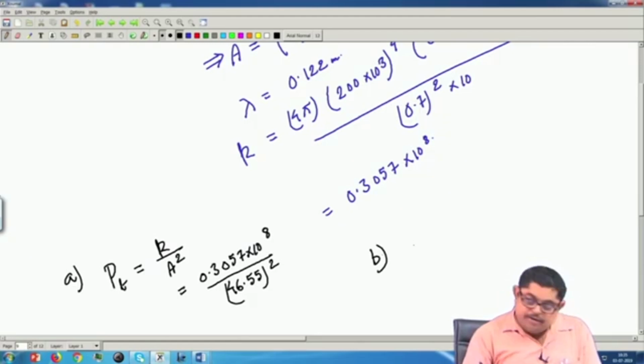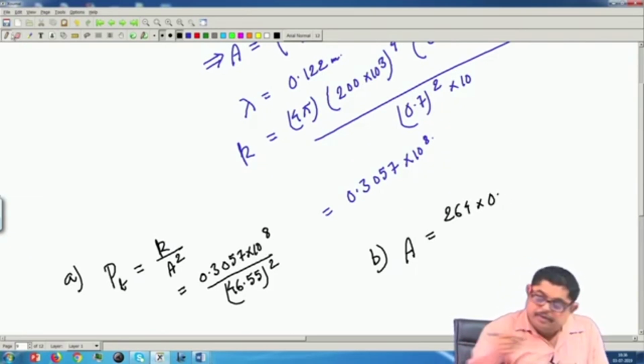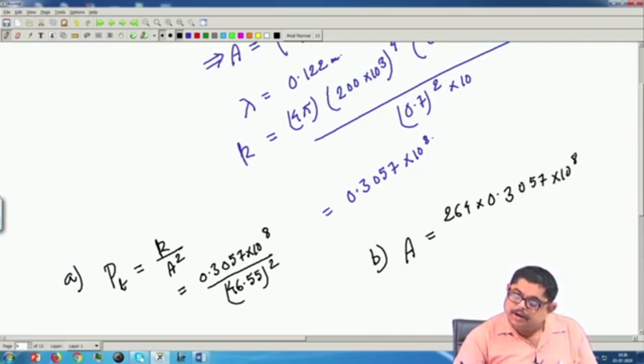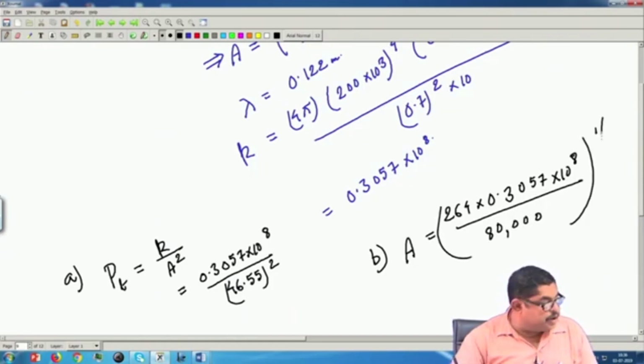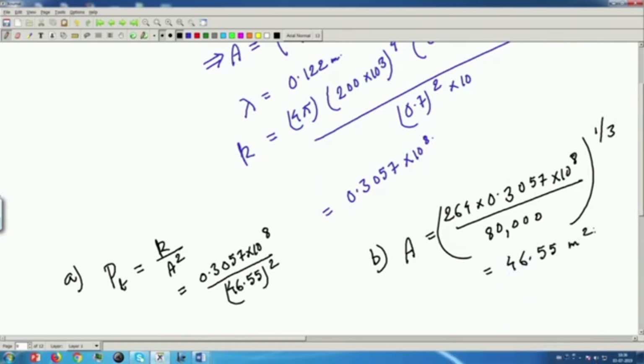What is B? A is equal to (264 into 0.3057 into 10 to the power 8 divided by 80,000) whole to the power 1/3. So, that will be 46.55 meter square.